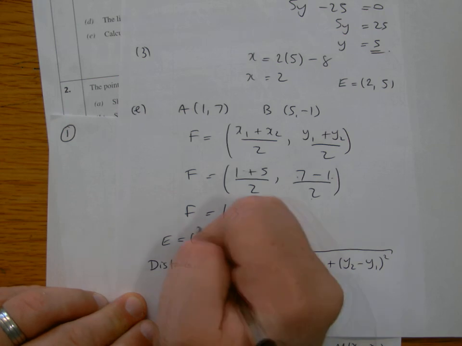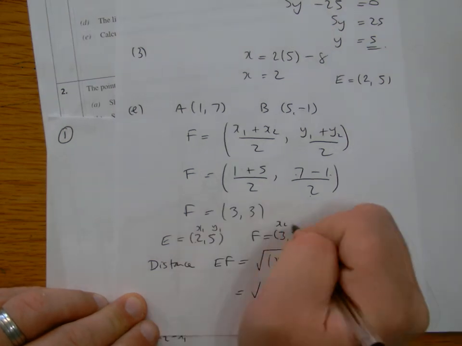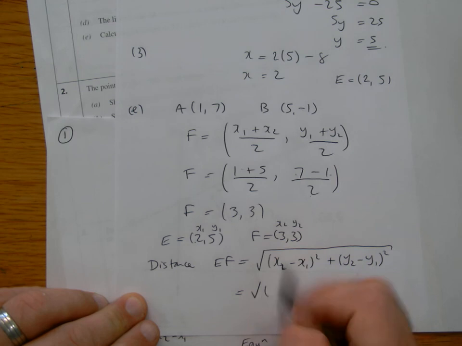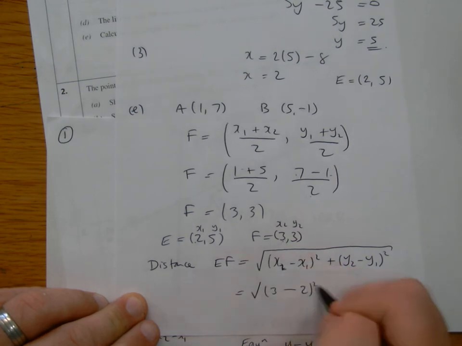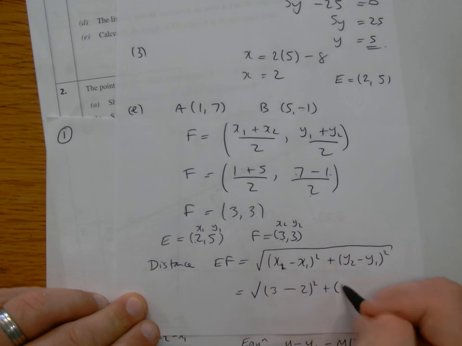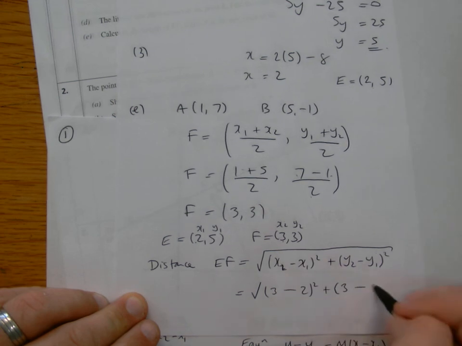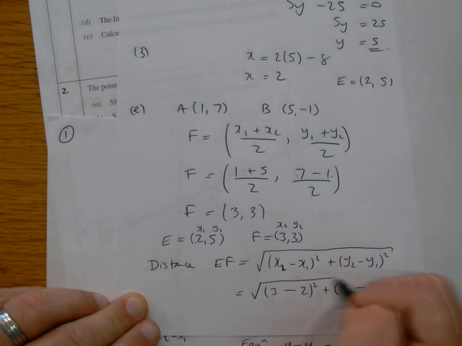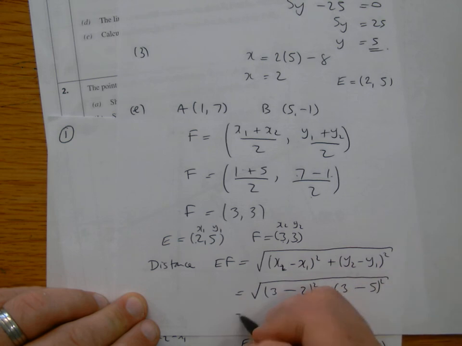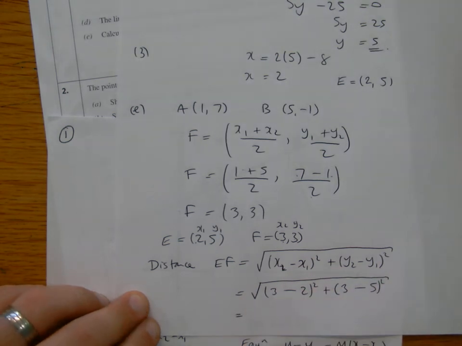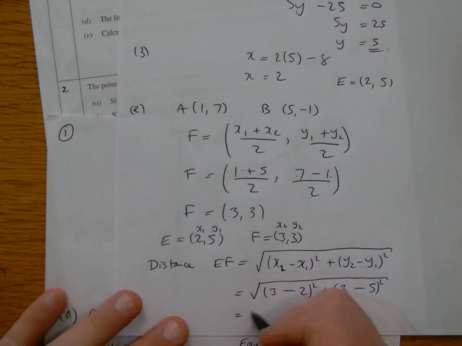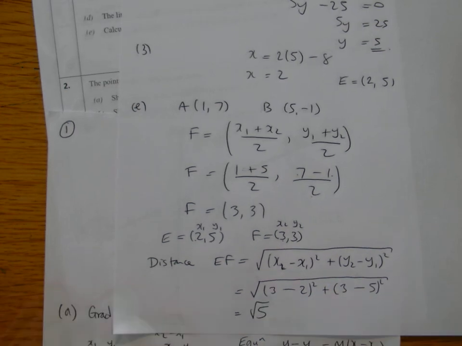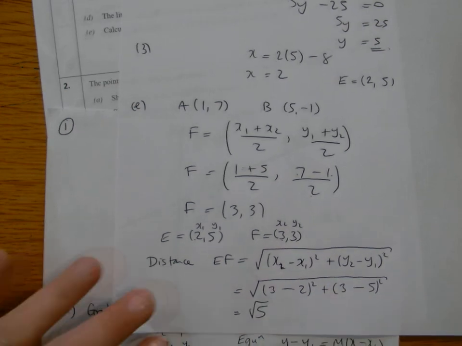So we'll do x2, which is 3, take away x1, which is 2, all squared, and then y2, which is 3, take away y1, which is 5, all squared. Tap all that into your calculator and you will get your answer to be square root of 5, and you leave it like that. That's our distance there for EF.